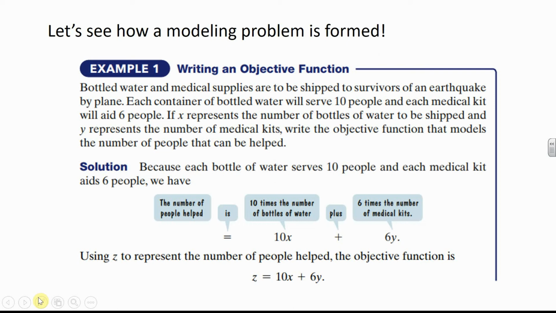So here we get this Z equation, Z is equal to 10 times X plus 6Y, where the 10 represents each container serving 10 people, and each medical kit can serve 6. The water bottles represent the X, and the Y represents the medical kits.